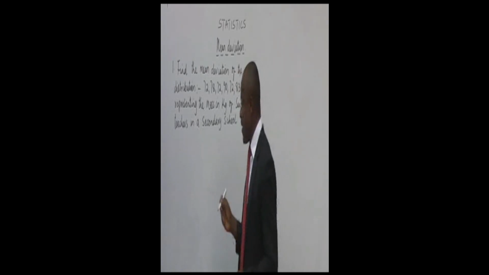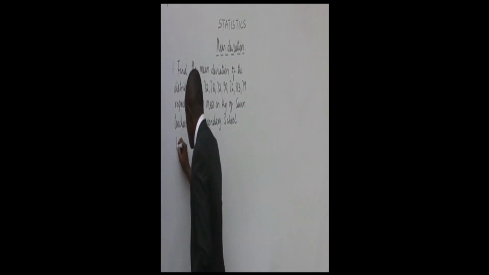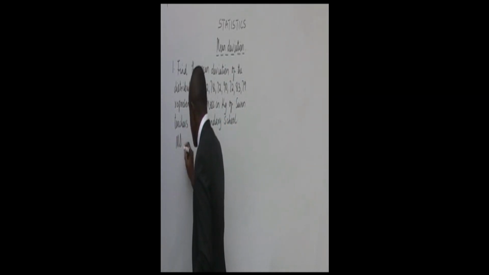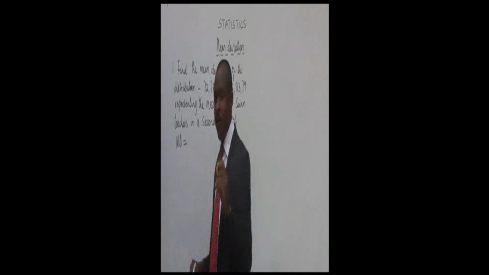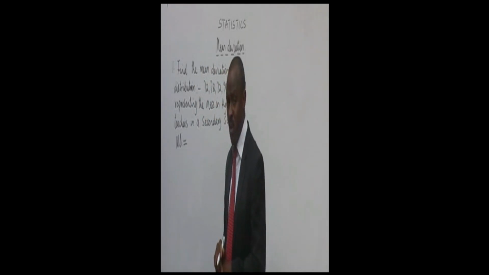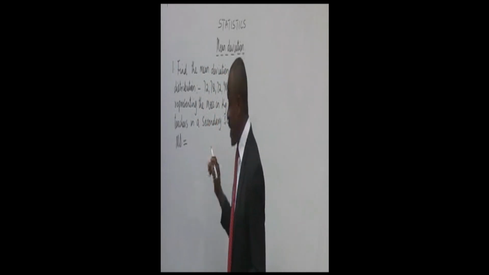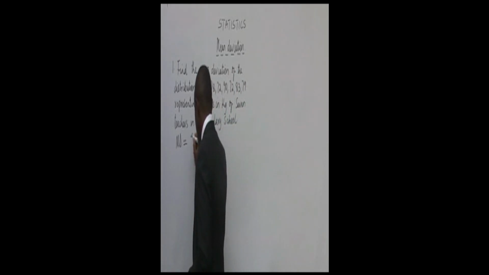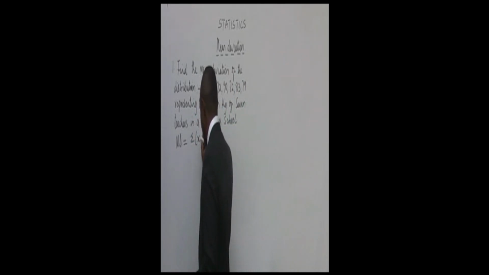So the formula I told you we use in calculating mean deviation of a distribution that has no frequency, like this, is the sum of x minus m, divided by n.